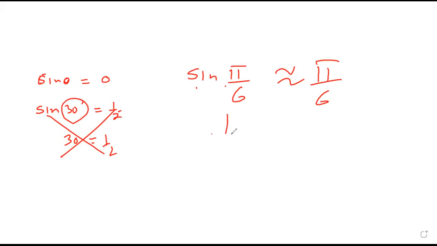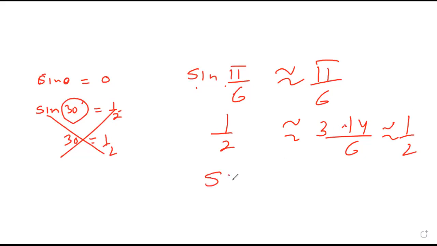This is half, and this is 3.14 upon 6, so approximately half only. See, the smaller the angle, the more this error reduces. So for a smaller angle, if measured in radians, not in degrees, only then sine theta is theta.